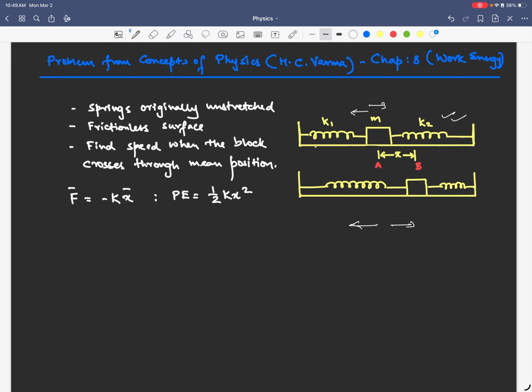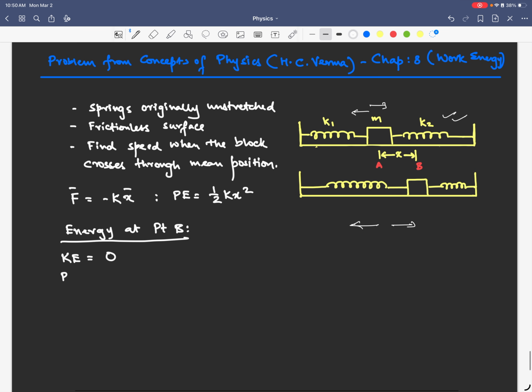Now, the block was stretched to the point B, at which point it was released. So let us take that as the initial state of the whole system, and we say that the energy at point B has two components: the kinetic energy, obviously zero at that point because the block was stretched and about to be released, and then the potential energy, which would be the sum of the two individual energies because of the springs k1 and k2.